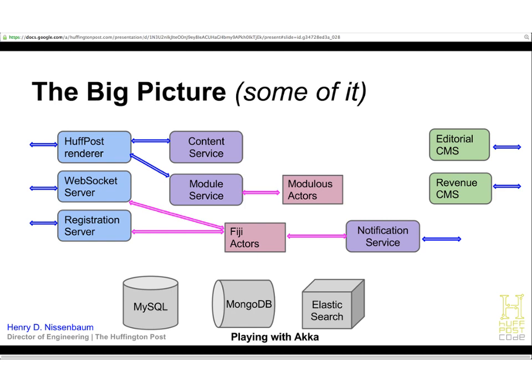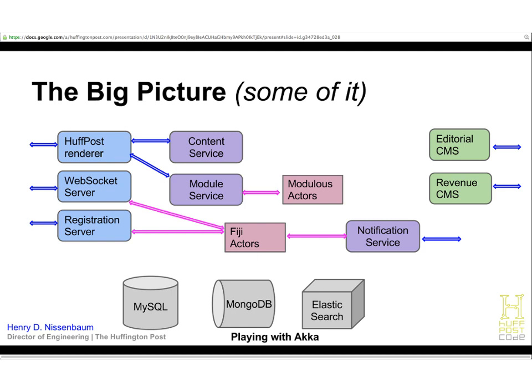What you'll see at the bottom of all this is the actual persistence layer. So at the end of the day, all of these systems are involved in saving or displaying data that is persisted either in traditional databases such as MySQL or a document store.